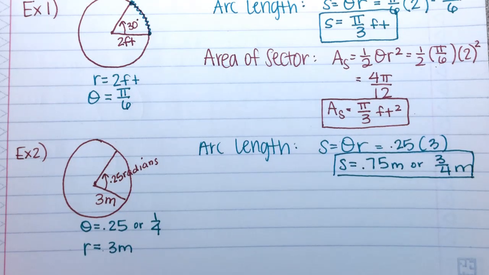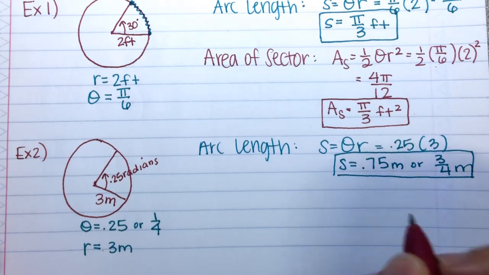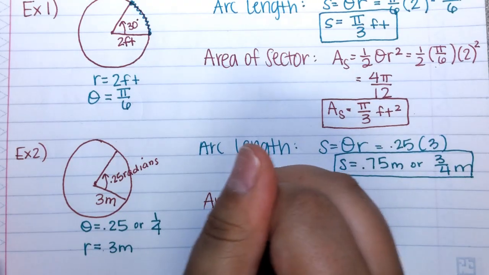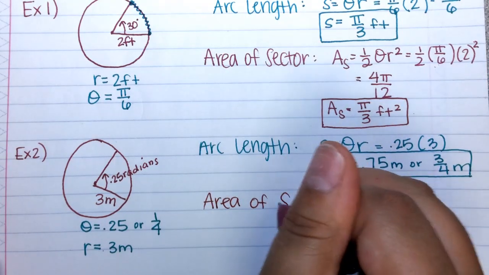Do I have any questions? Mistakes allow learning to happen. I'd rather you make the mistake now on the notes than do it on the quiz or test. Alright, what about area of a sector?